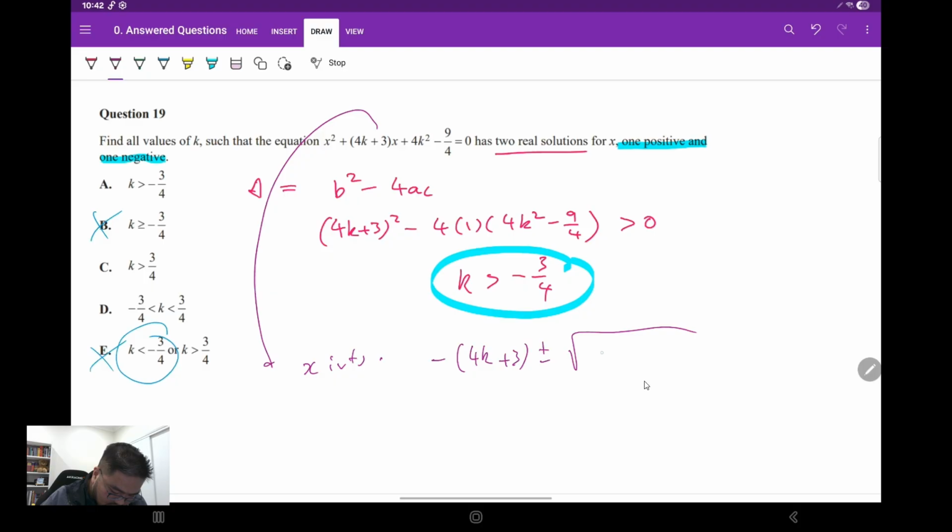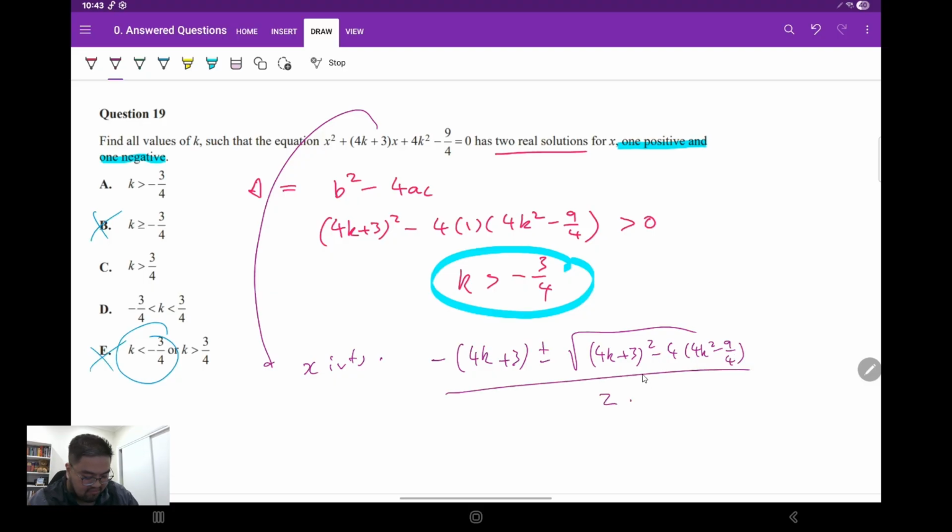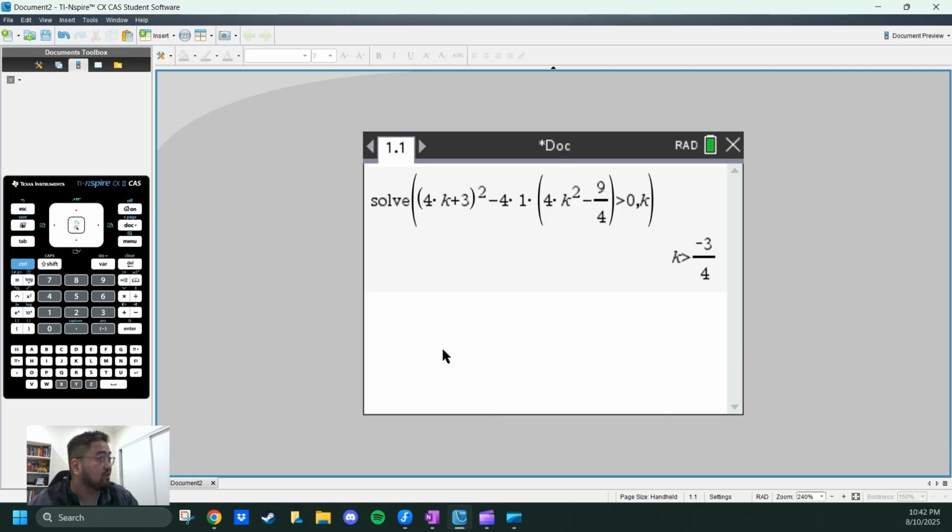So 4k plus 3 squared minus 4 times ac, which is 4k squared minus 9 on 4, over 2. And essentially that's our quadratic formula, and those are our intercepts. But where do we actually go with that? So we're going to go solve.